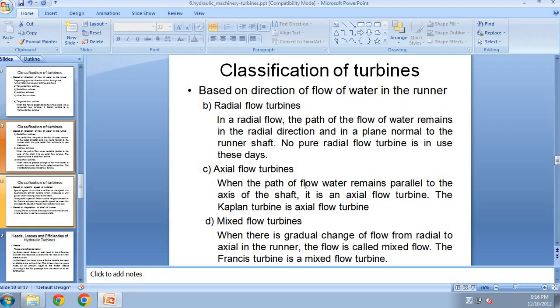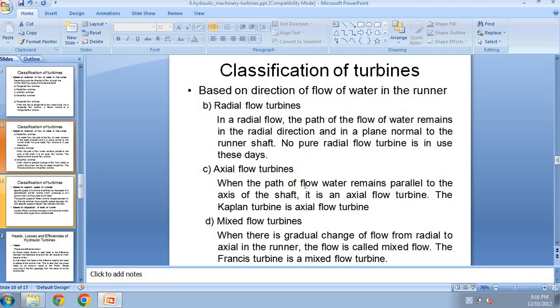The last type is the mixed flow type of turbine. In Francis turbines, water enters through the casing to the runner in the radial direction, and again it leaves the runner in the axial direction.